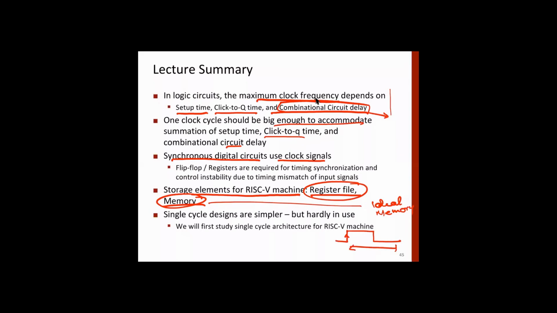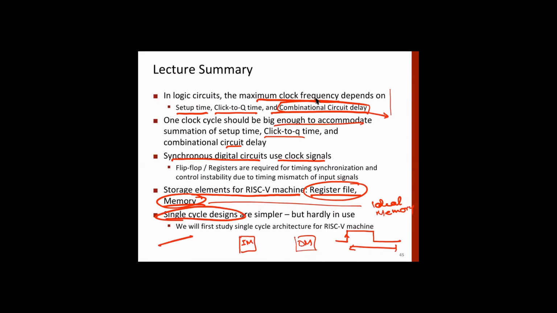Another thing that we have noticed is that in single cycle design, we are going to use separate instruction memory and data memory. All right, that's all. Next class we will study single cycle design. That's tomorrow morning.